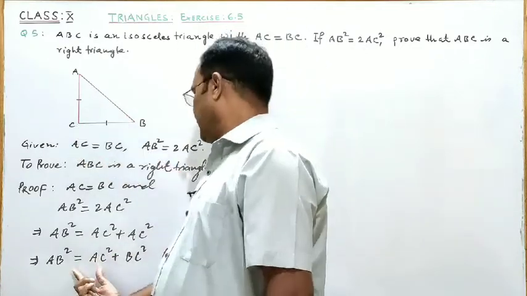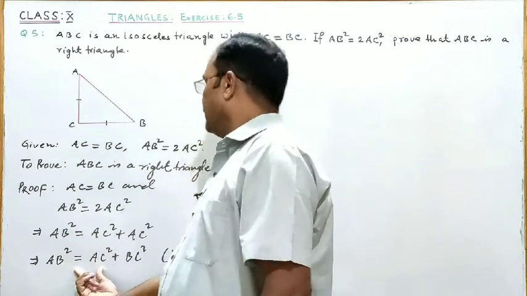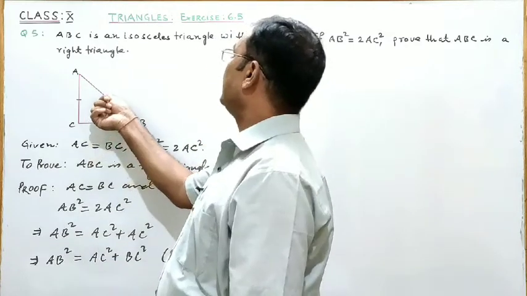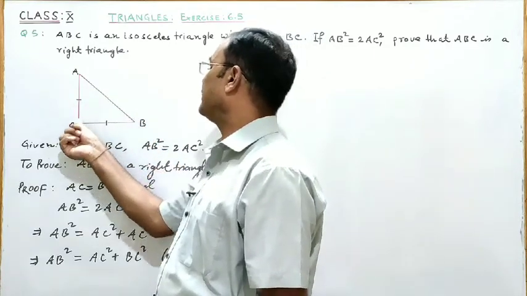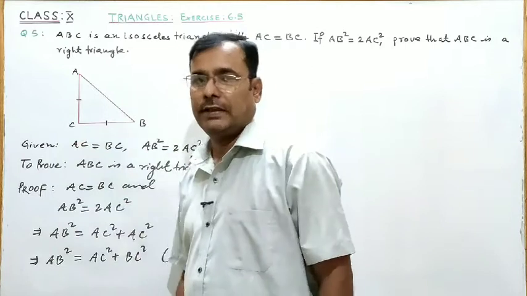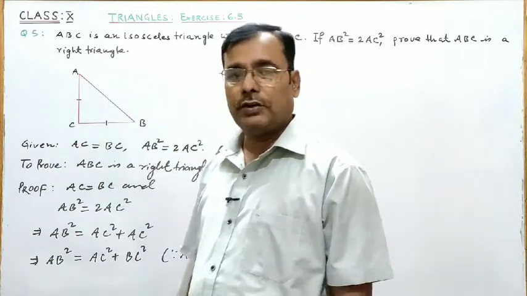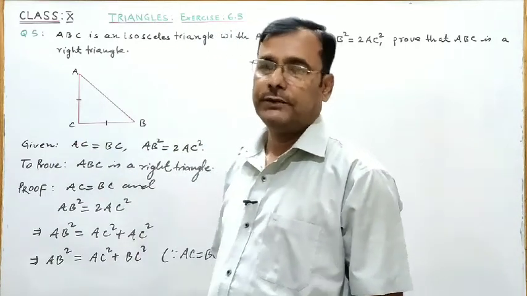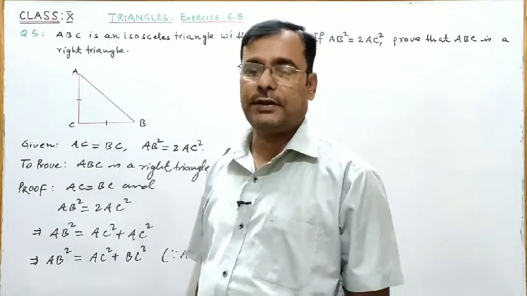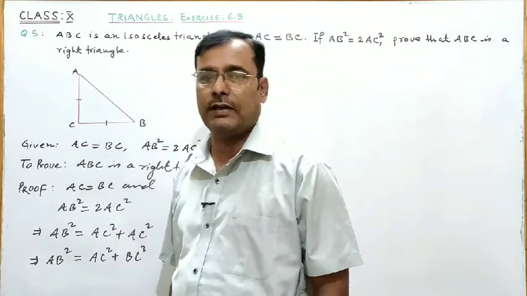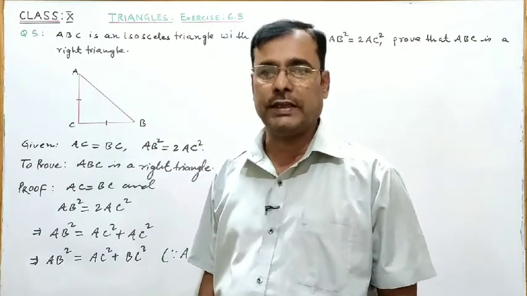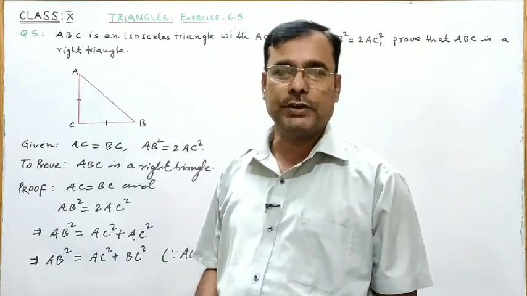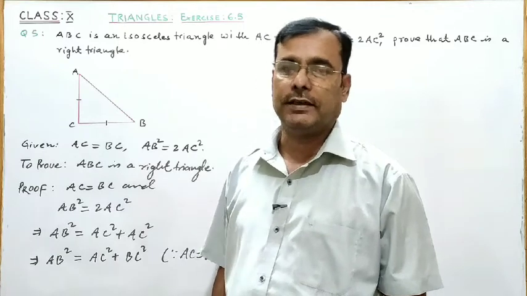In this triangle, this relation says that square of one side AB square is equal to sum of the squares of other two sides. So using converse of Pythagoras theorem, which states that if square of one side in a triangle is equal to sum of the squares of other two sides, then angle opposite to the first side is a right angle.